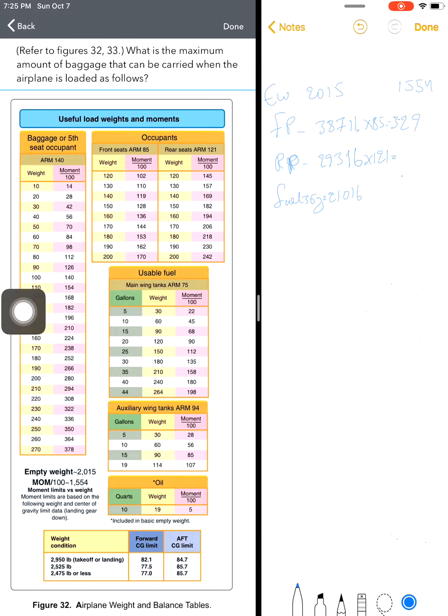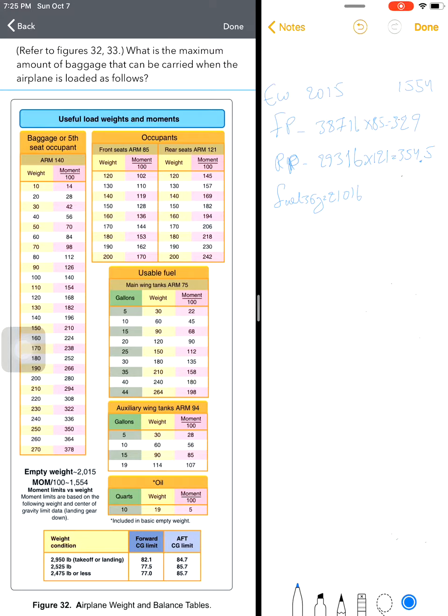Hope you understood. So let's say we got 293 here, multiplied by 121 equals 35 divided by 100, so 354.5.